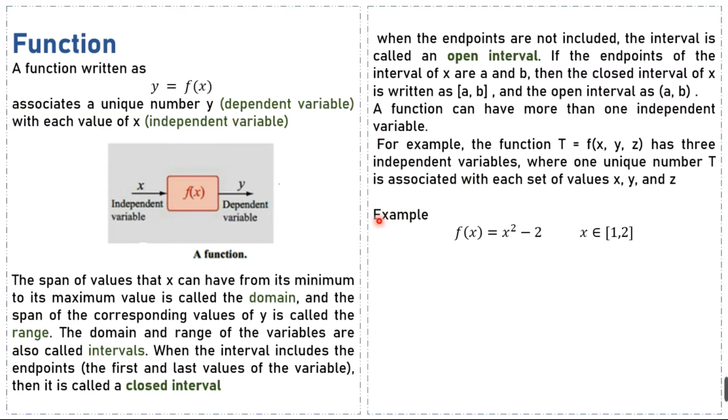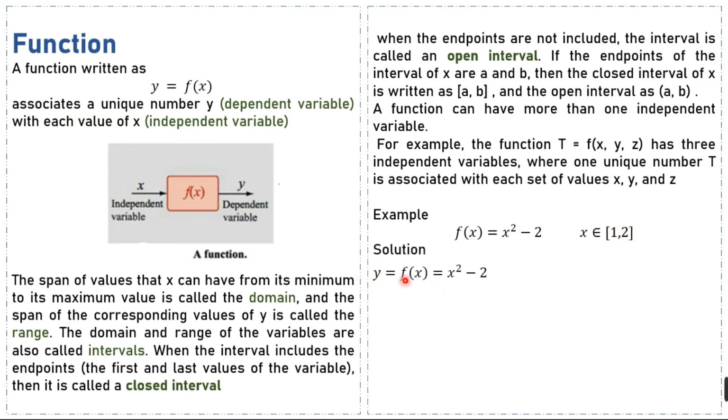Let's discuss an example of a function. We have a given function f of x is equal to x square minus 2. Here f is a function of only one variable, that is x, and the given interval is x belongs to 1 and 2, a closed interval.